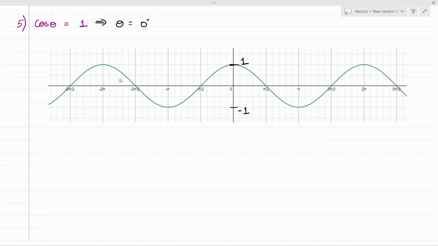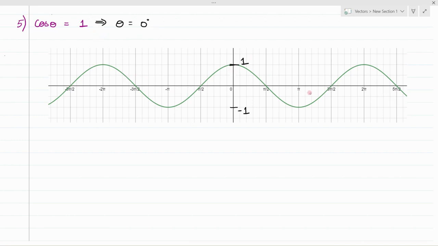But now we are going to see that theta equal to 0 degrees is just one solution for this equation, because it has infinitely many solutions. So let's see how it is actually.